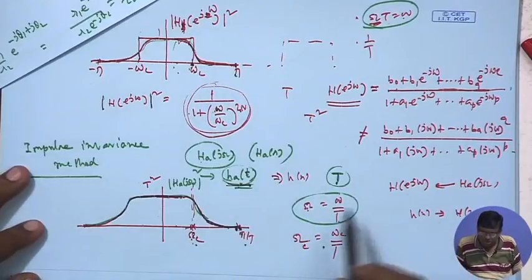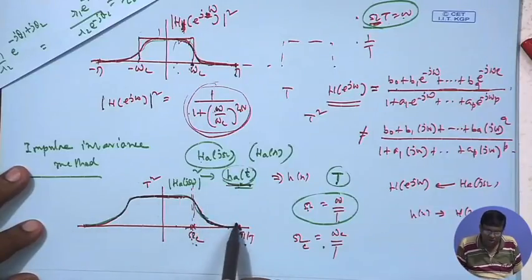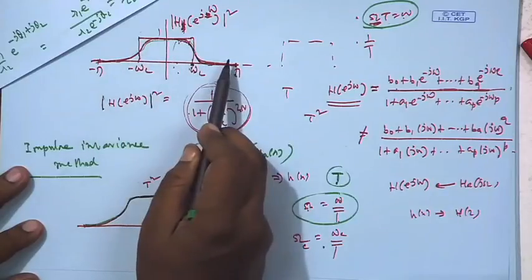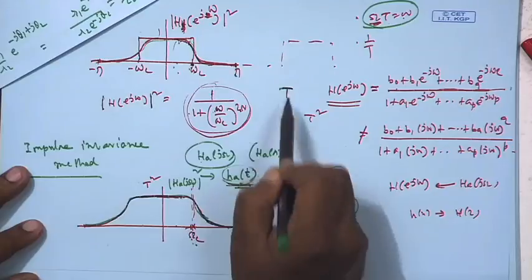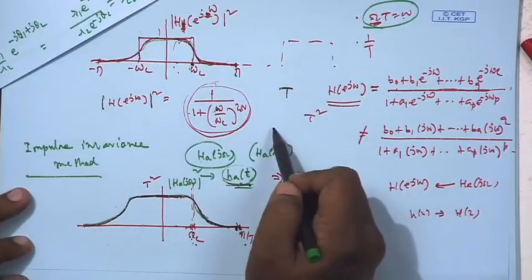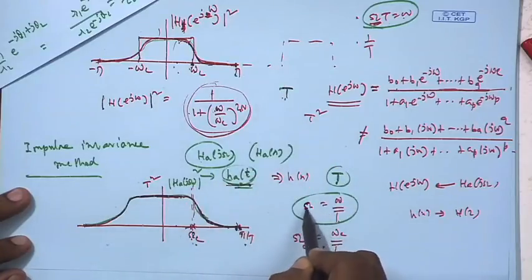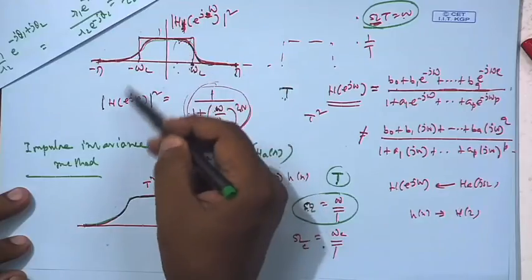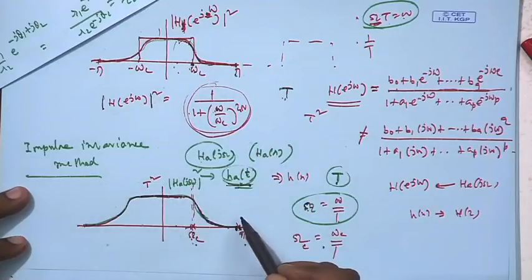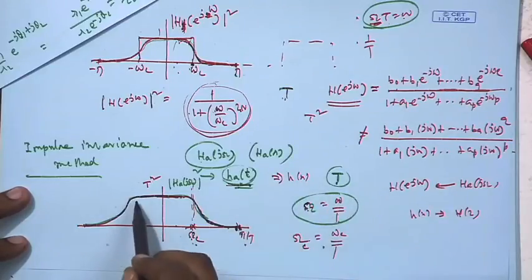So, by that process, that is by first constructing this analog prototype filter, you start with this digital filter, then just choose any capital T, which in fact you can take to be 1. Then for that capital T, using this frequency transformation, you transform this magnitude response to an equivalent analog description, where every small omega will give rise to a capital omega, and also multiply this by t square.